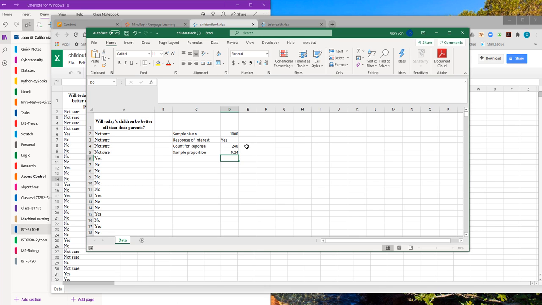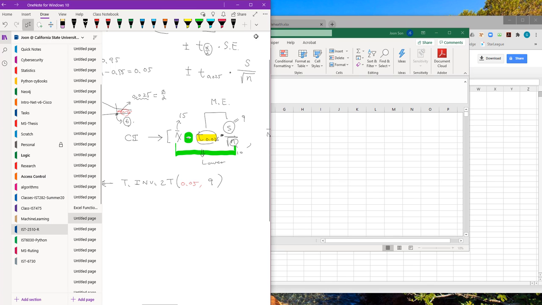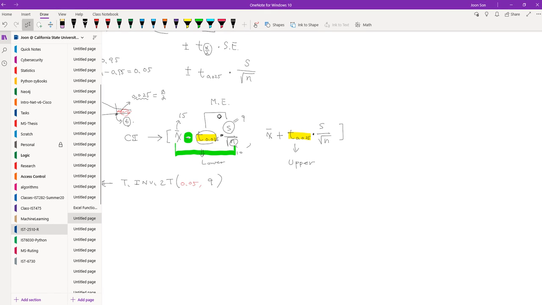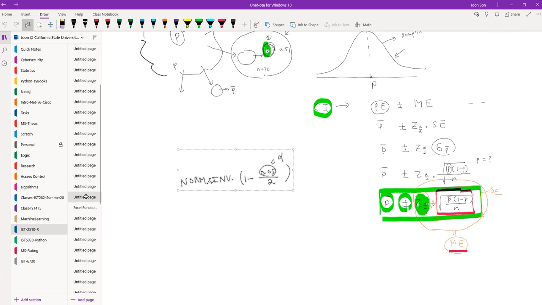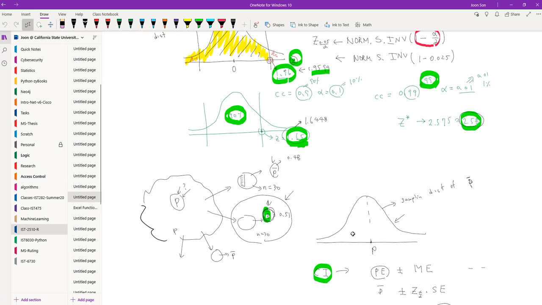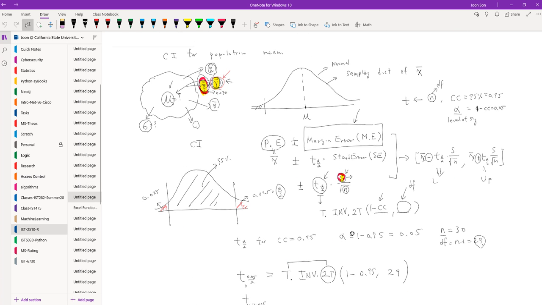Before we move further, let's look at the formula for the confidence interval. This is the proportion case, the population proportion, and this is by the way my lecture note. Same as before, we have the point estimate plus minus the margin of error.